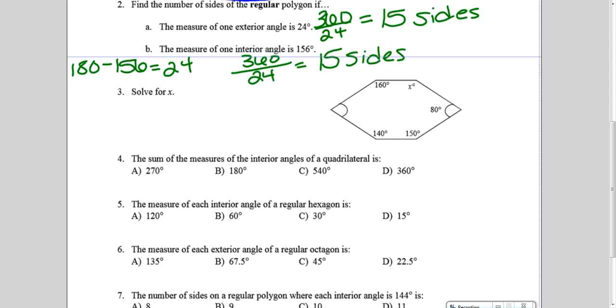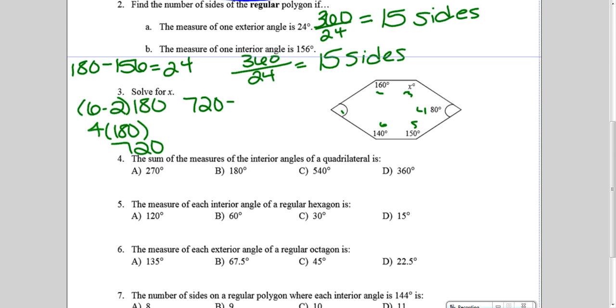All right, so solving for x. This time we have to figure out what all these angles have to add up to. We have 6 sides, so we plug it into our formula, n minus 2 times 180. So this is 4 times 180, which is 720. So we know all 6 angles have to add up to 720.